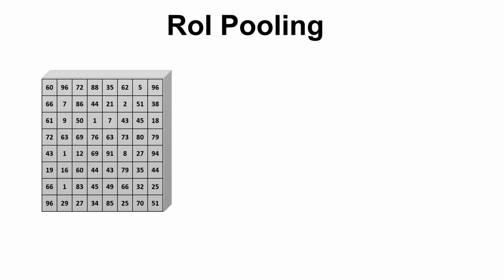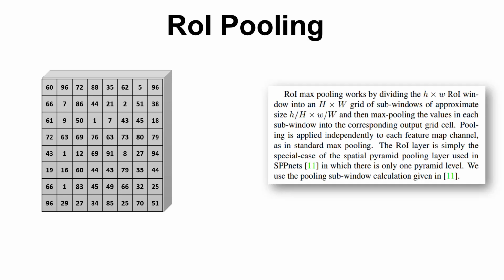The way it works is that we have image features in which in every channel we have a matrix. According to the paper, we have to divide the h by w RoI window into a capital H by capital W grid of sub-windows of approximate size h divided by capital H by w divided by capital W. To give you a demonstration of this, imagine we have this region proposal.